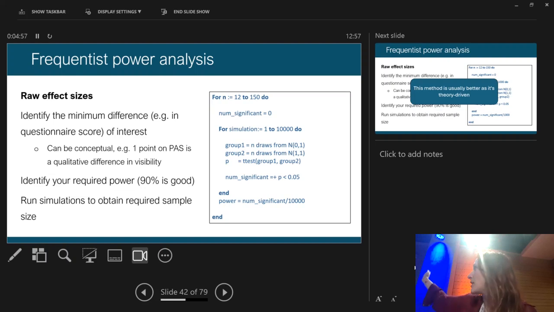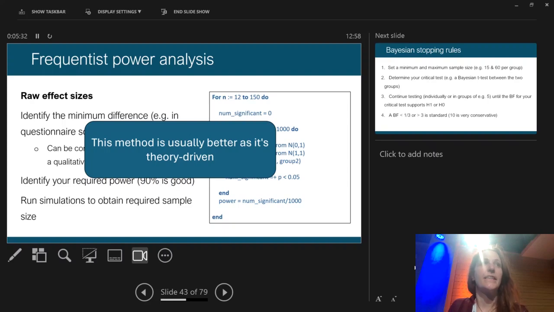So you would say, for some range of sample sizes, say 12 to 150 per group, 10,000 times, you just sample data from normal distributions that differ on a PAS scale by 1 point, run a t-test, and count the number of simulations that give you a significant test at p less than 0.05. So you can do something like this, and now you're not constrained to standardized effect sizes.